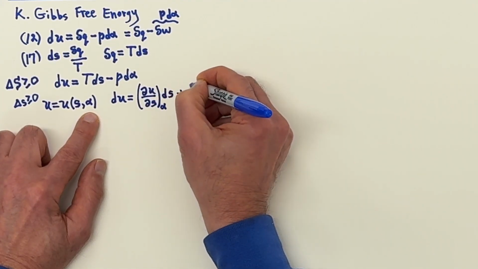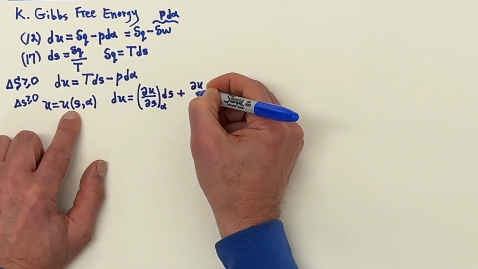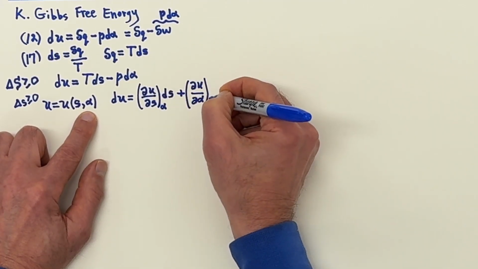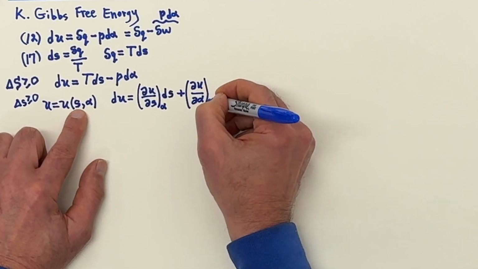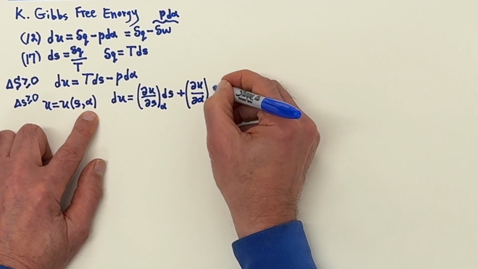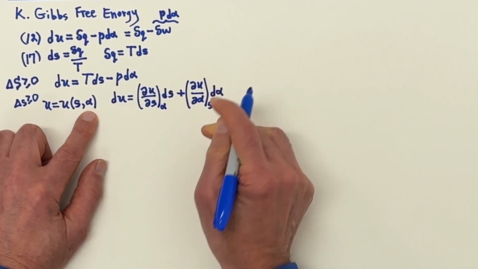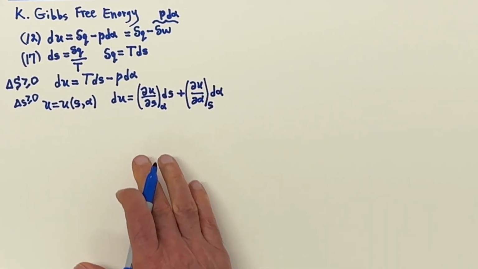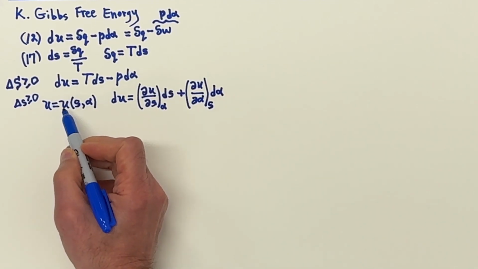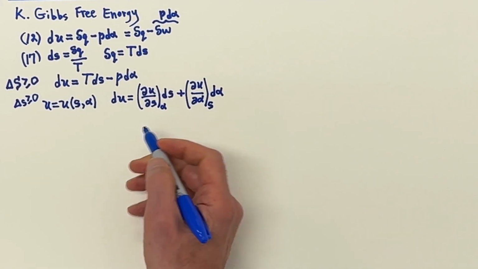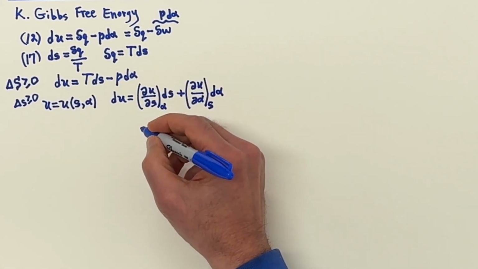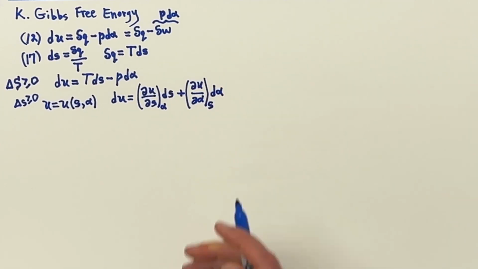Then we would add to that the partial of u with respect to the second variable, alpha, with the first variable being held constant, and then that would be d alpha. In general calculus, z is equal to z of x and y, and then they write, dz is partial of z with respect to x, holding y constant, and etc.